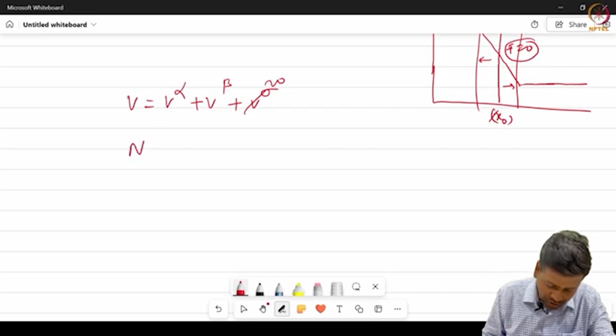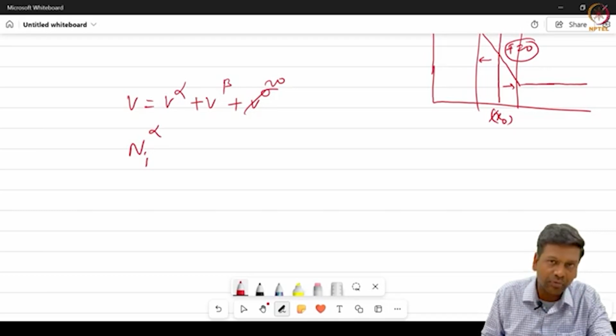So, you can use this relation to calculate what is known as the surface excess for a given solute. If I denote Ni alpha as the number of ith species at the interface, we have to do the component balance here.